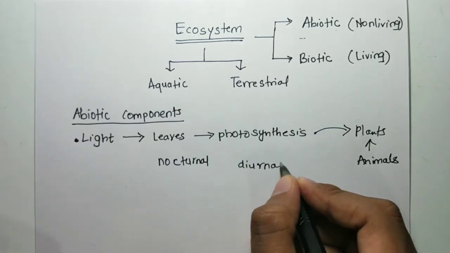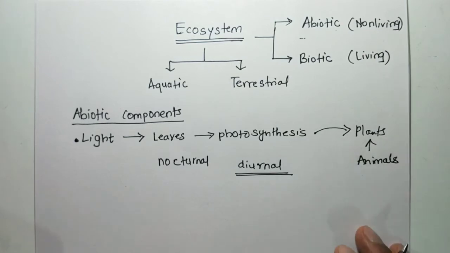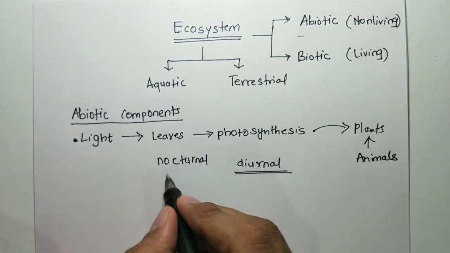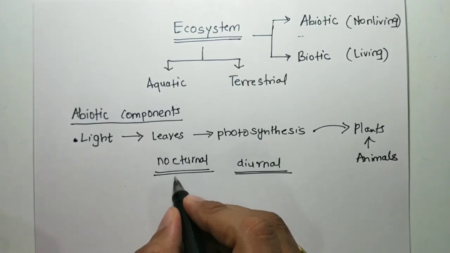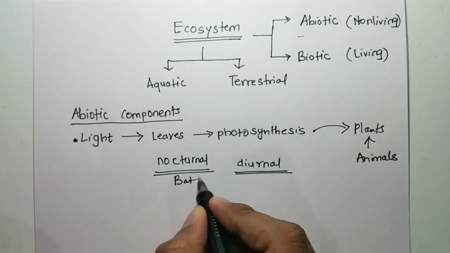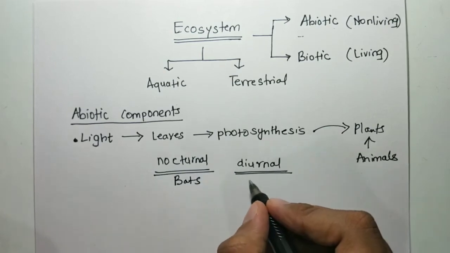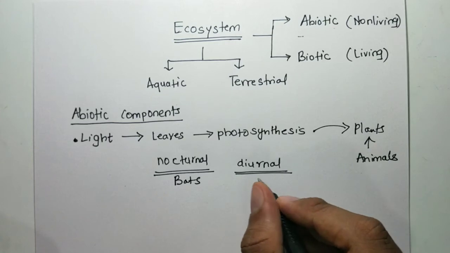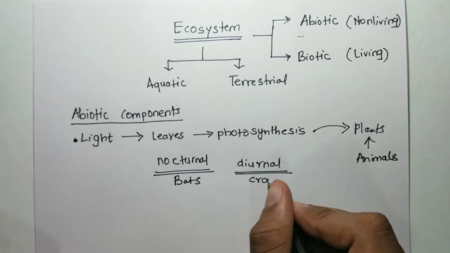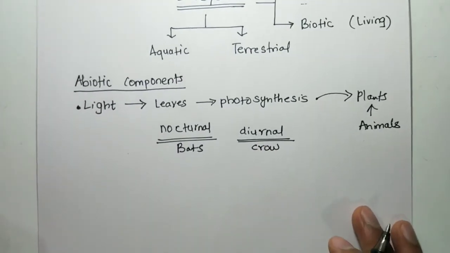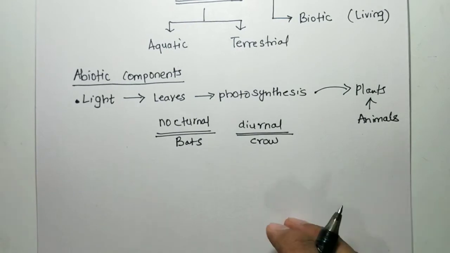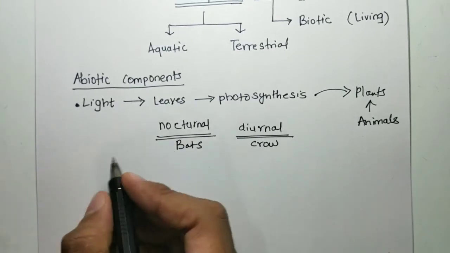In both times they are called diurnal animals. Okay, nocturnal means only at night, like bats. Diurnal means normal birds like sparrow, crow. They can come at any time. Then the first component was light.